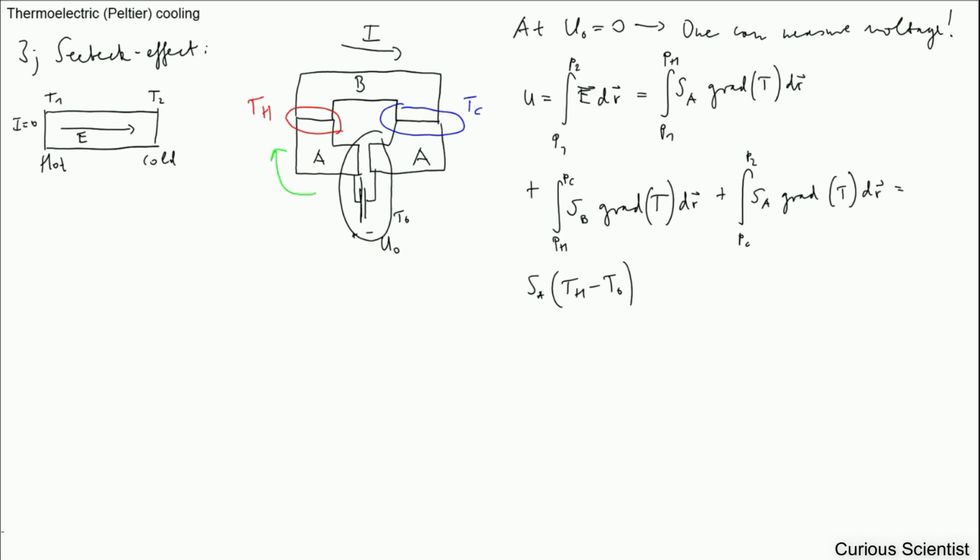And then we can move on to the B, and we had the cold and the hot gradient, so this gradient here.